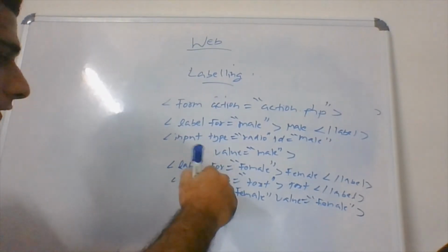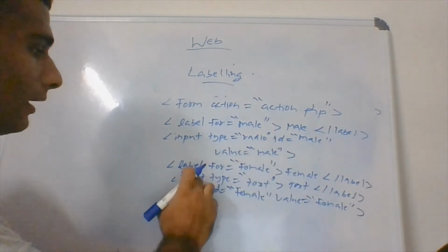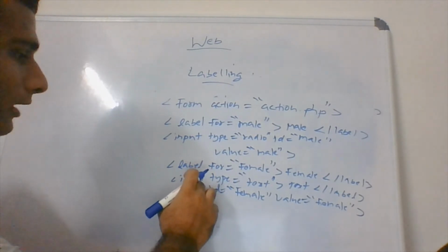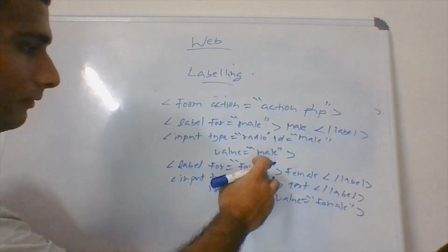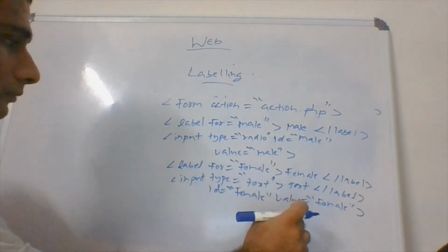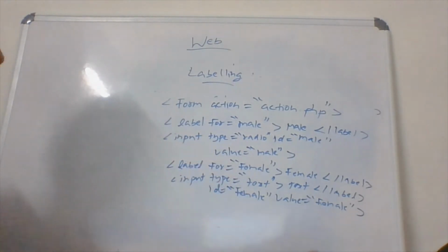So here also we can see the label attribute for, that is female, is matching with the ID attribute of the input type, that is test. You can see female, female. So both are matching. So this is an example of the label attribute.